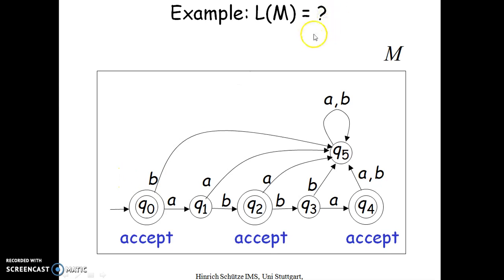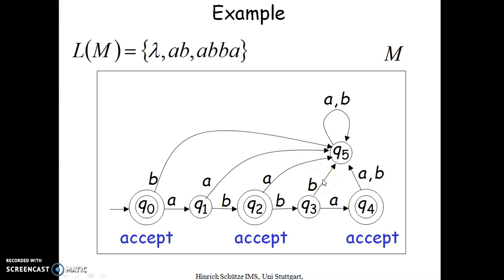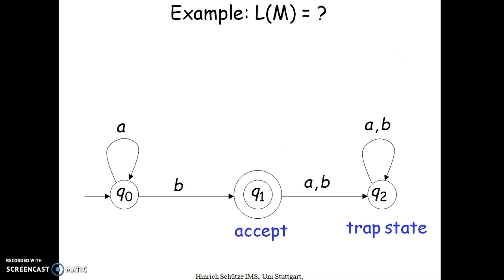So the set of strings in this language will include lambda. Then after reading AB, I can reach Q2, which is an accepting state. So my language will include the string AB, and one more string I can have is ABBA. So as of now, lambda, AB, ABBA are the strings in this language L of M. So this is the language L of M for this automata.